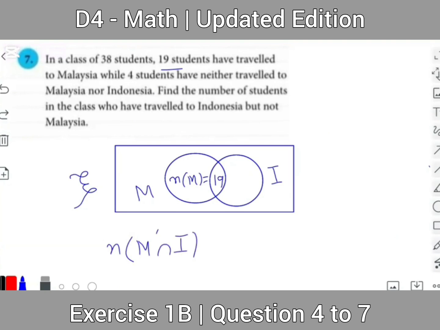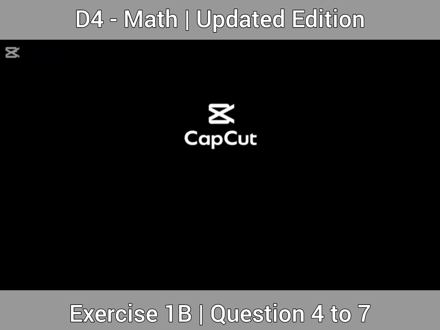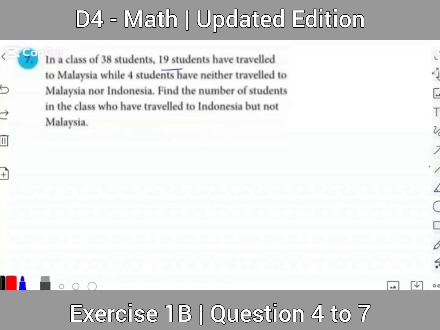So M complement intersection I is our requirement to find. So now we will divide this operation M complement intersection I in different Venn diagrams.